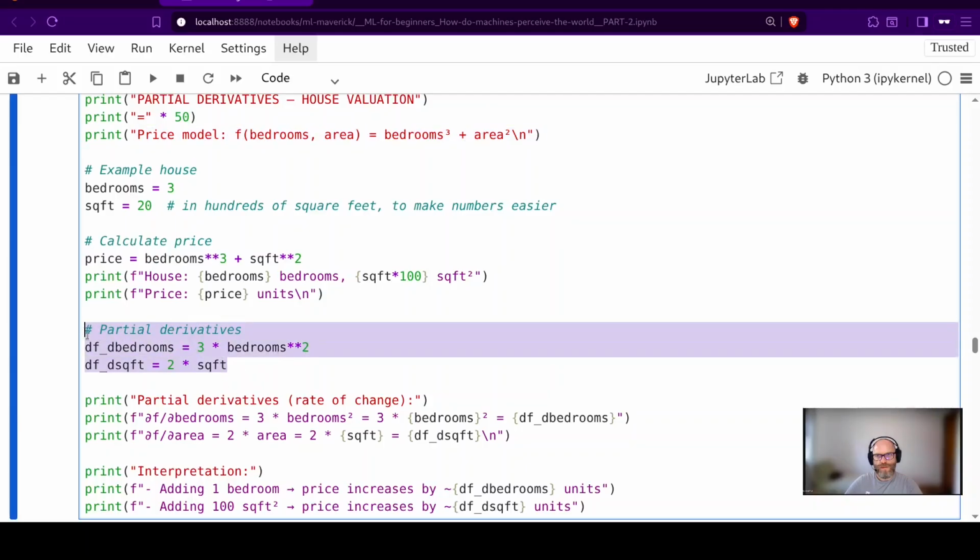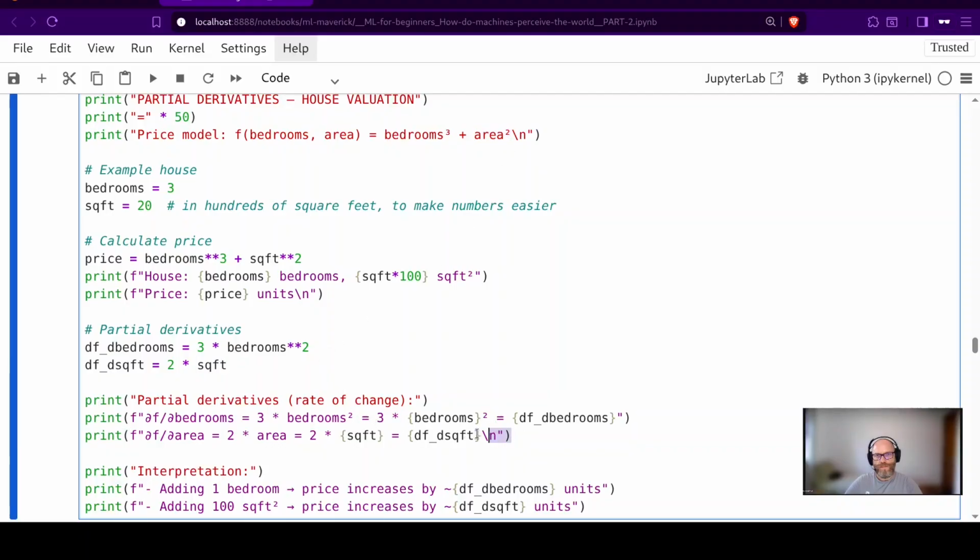Partial derivatives. The partial derivative for bedrooms is simply 3 times bedrooms squared because we had bedrooms cubed. And the partial derivative for square feet is simply 2 times square feet because the area was squared.